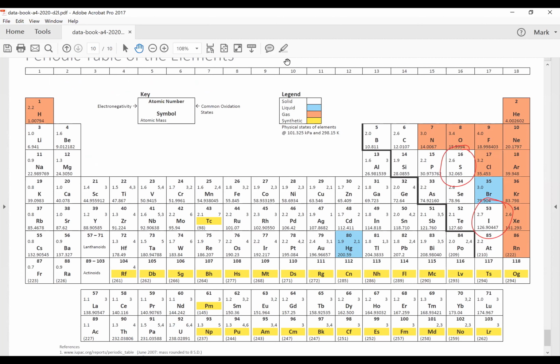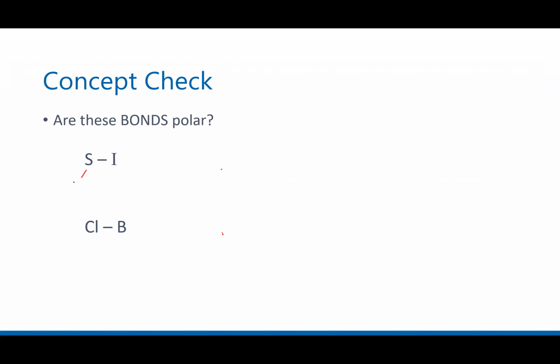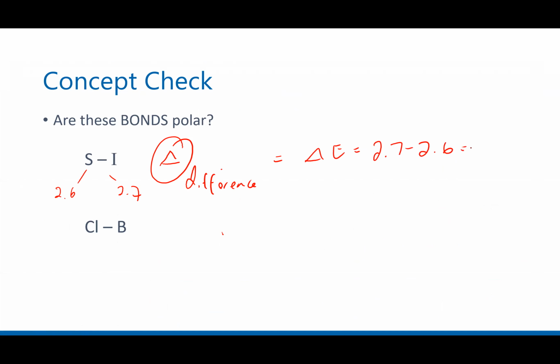Okay, so that doesn't look like a big difference to me. So our difference in electronegativity is 2.7 minus 2.6.